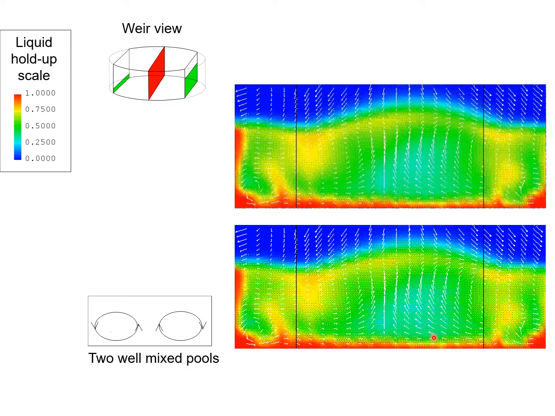The velocity vectors on the right show they're going upwards here and downwards here, indicating a mixed pool on the right hand side. So we have two well mixed pools, and if we combine this information with the information from the front view, we would anticipate that the tray on the whole has a total of 4 well mixed pools.